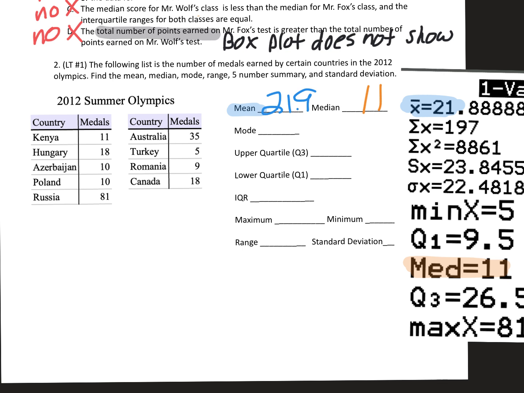The graphing calculator also gives you your Q1, which I'm going to put right here. It also gives you your Q3, which goes here, and it gives you your minimum of 5, and it gives you your maximum of 81.